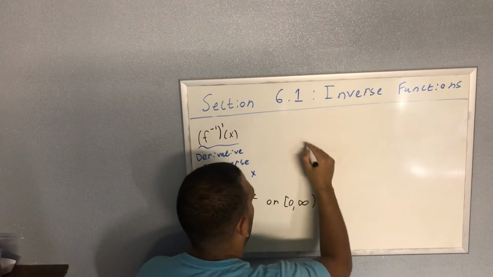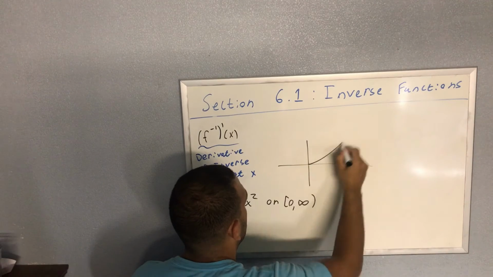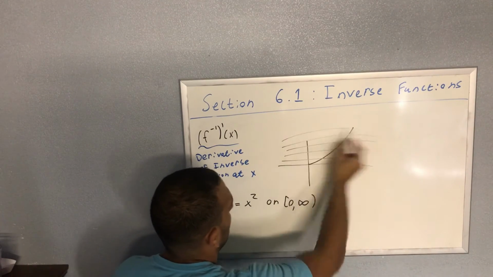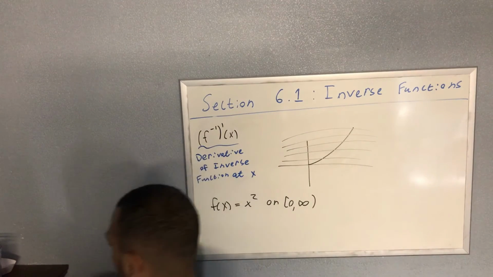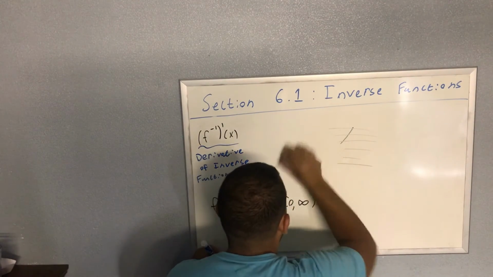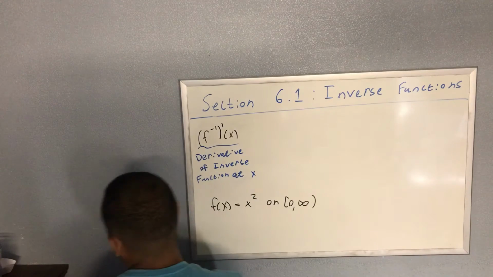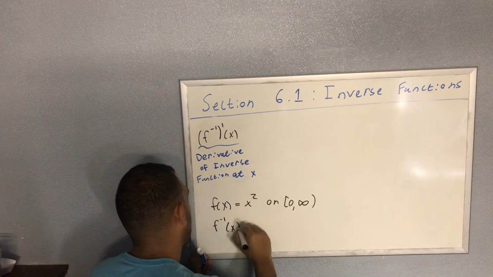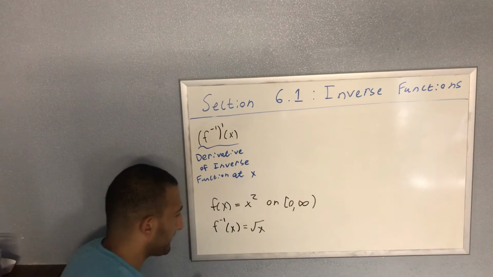But if you only allow positive numbers, so you're just looking at this branch, then yes, it is one-to-one. And the inverse function of this is the square root function. So f inverse here is root x.